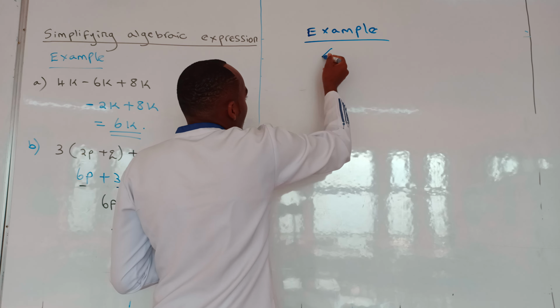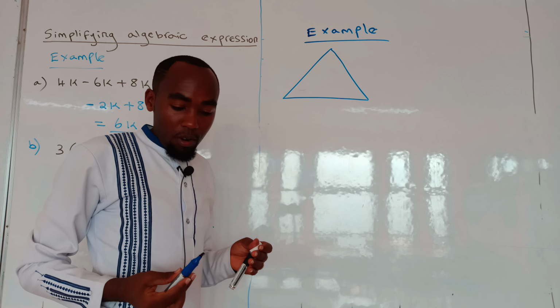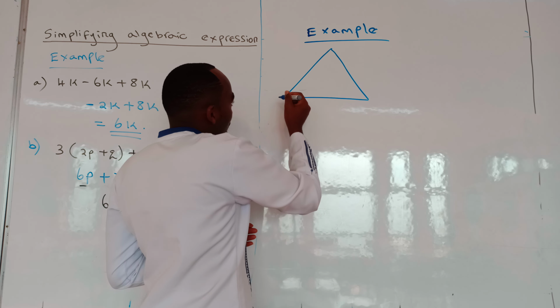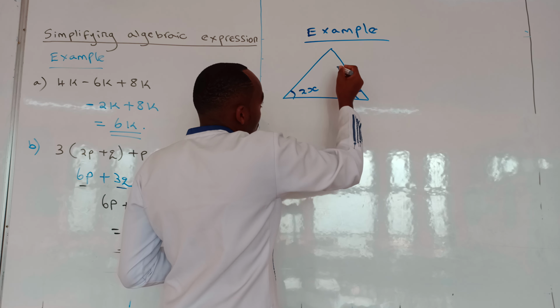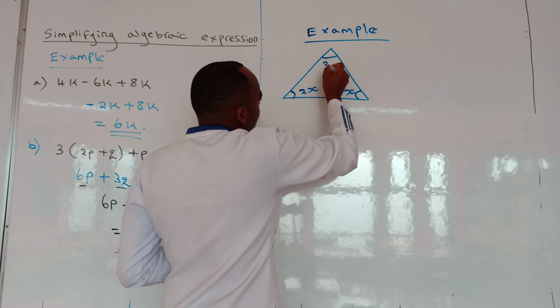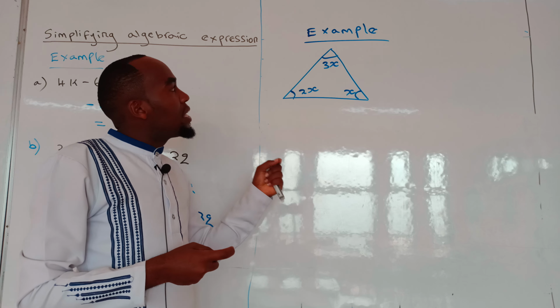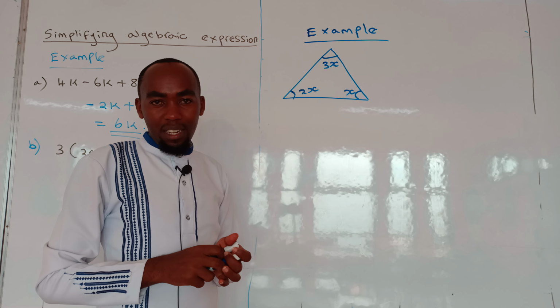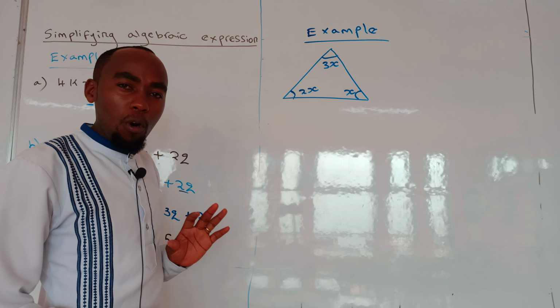Now, a very good example here. If you're given a triangle with 3 sides, let's assume this is 2x, this is x, and this is 3x. Then you're told to find the biggest angle in that triangle. Therefore, you need to remind yourself of the properties of a triangle.